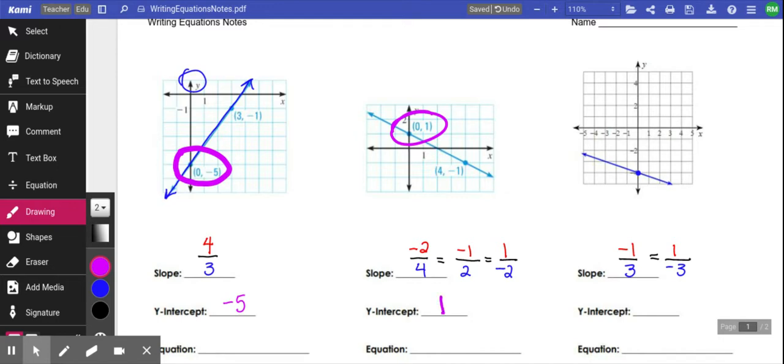So our y-intercept is 1. And last but not least, let's look at the last one. It crosses over at that point right there, which is 0, -4. So our y-intercept is -4.